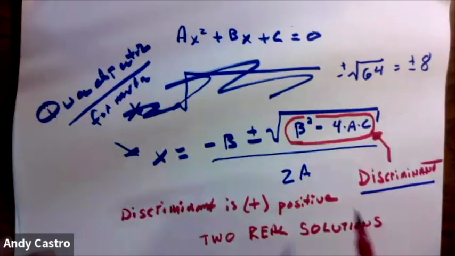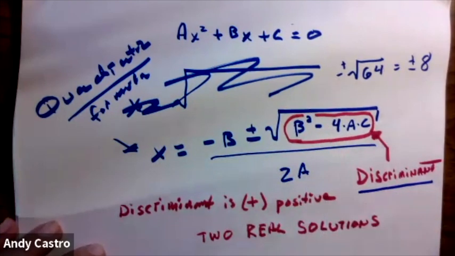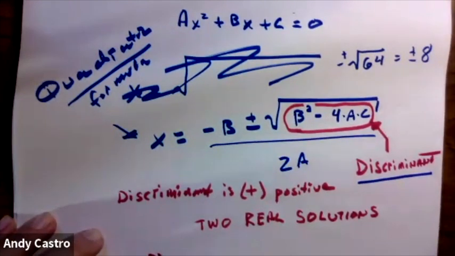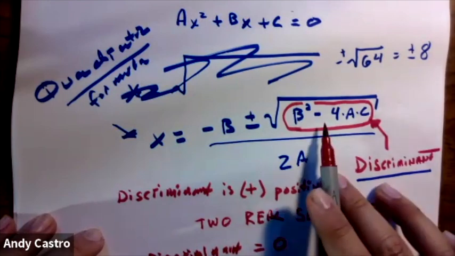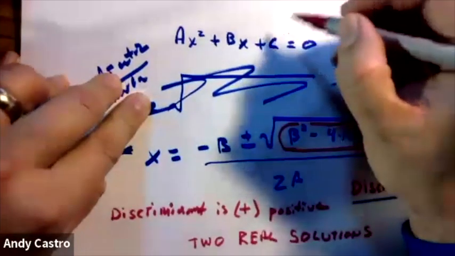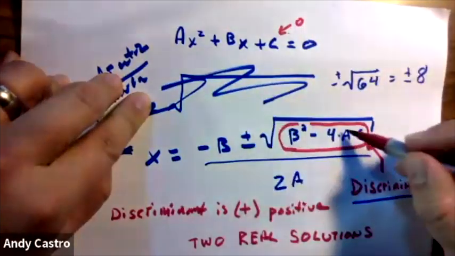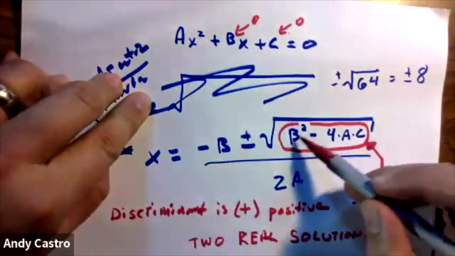Now, you can also have a 0. The discriminant could be 0. Now, how could the discriminant be 0? Well, it could be because, let's say your C is 0, making this thing 0, and your B is 0, making this thing 0.